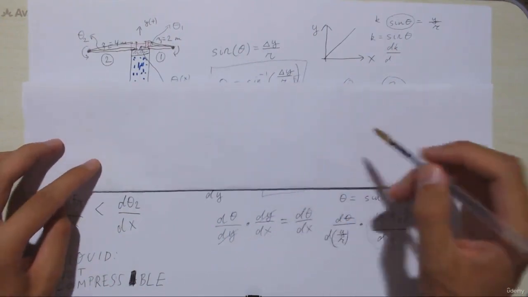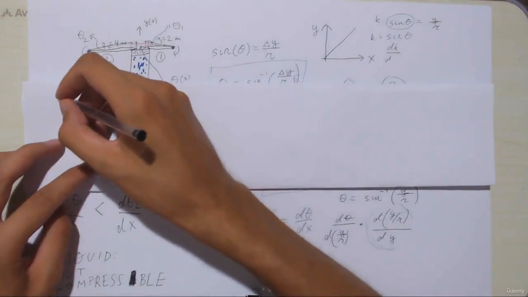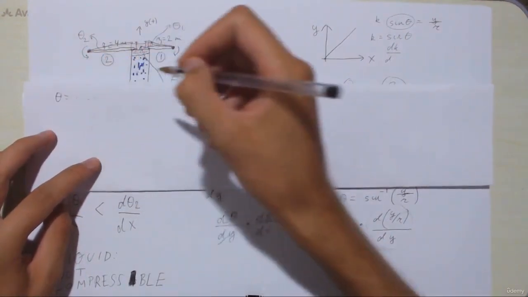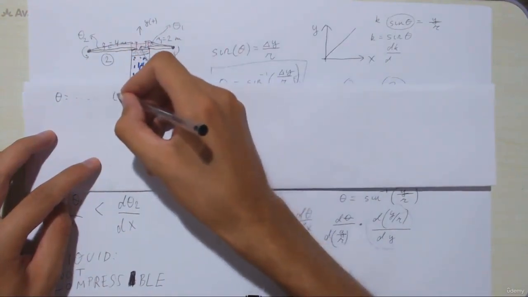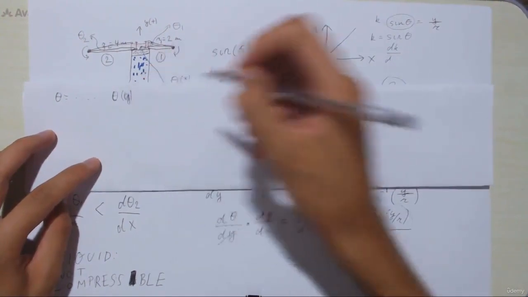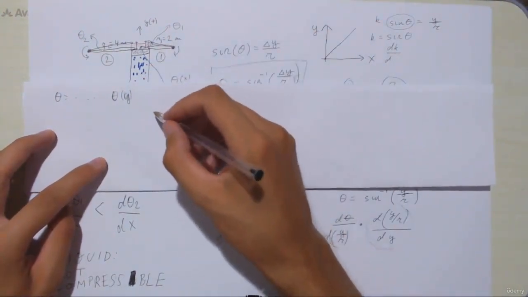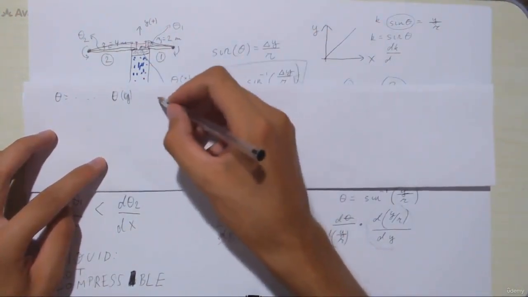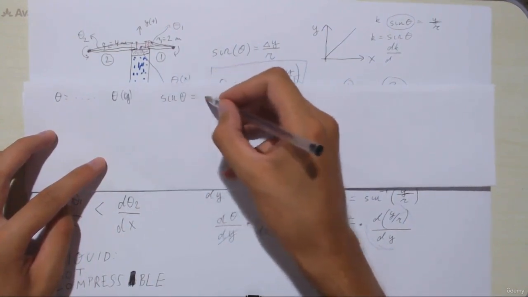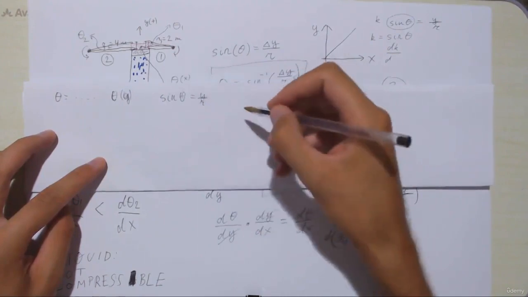So we should have some kind of function where we have theta equals blah blah blah, right? So theta as a function of y. However, our relationship that we have is sine theta equals y over r.